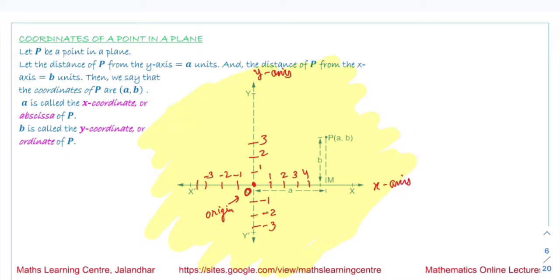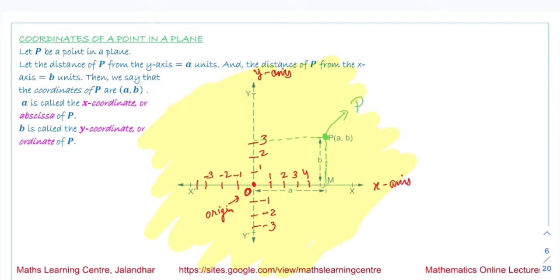We say this is the point P. What we do is we draw a perpendicular from this point on the x-axis, and we draw a perpendicular from this point on the y-axis. From this point P, we draw two perpendiculars: one on the x-axis and the second on the y-axis.